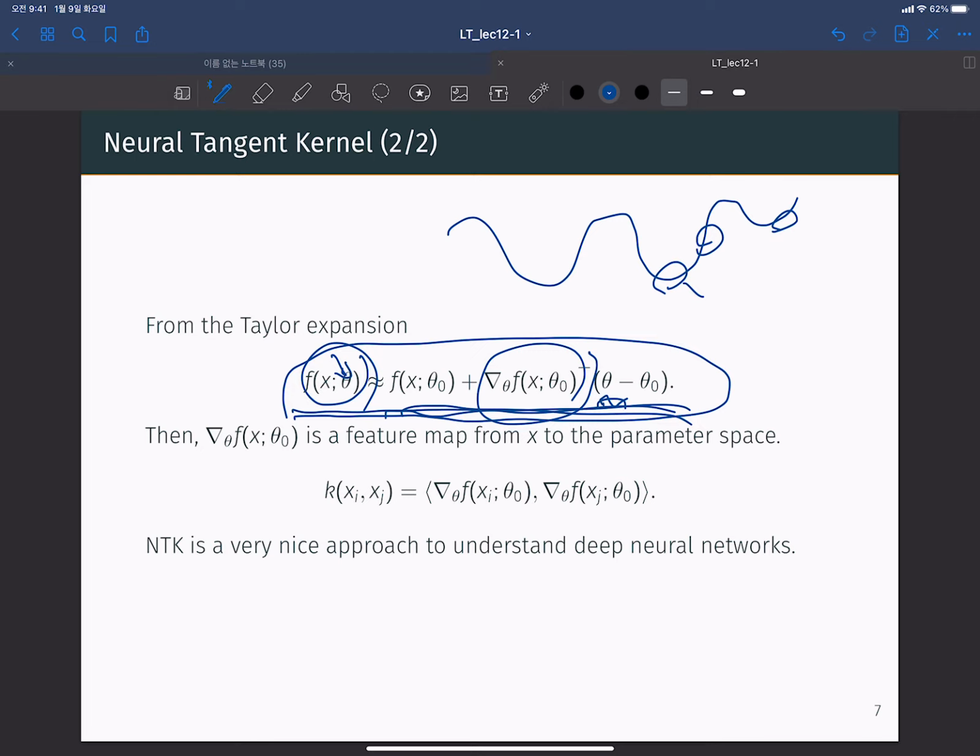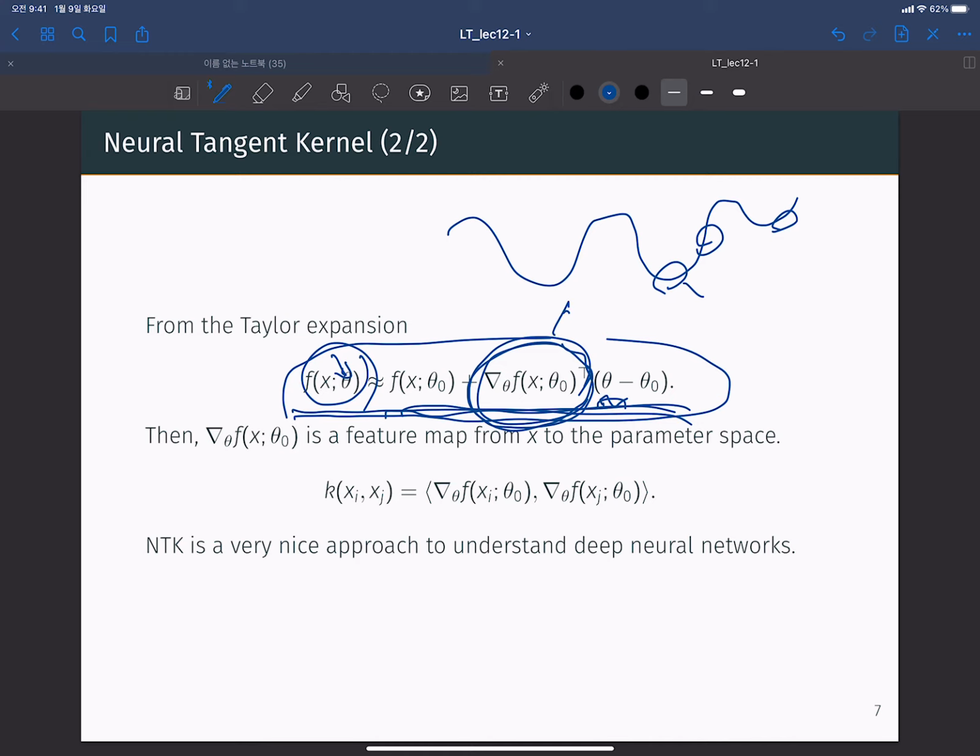Okay. Then when you look at this function in view of x, there is very interesting thing. This is kind of feature expansion of x. For any input x, we can define this gradient vector, and the gradient vector is kind of expanded feature map, right?